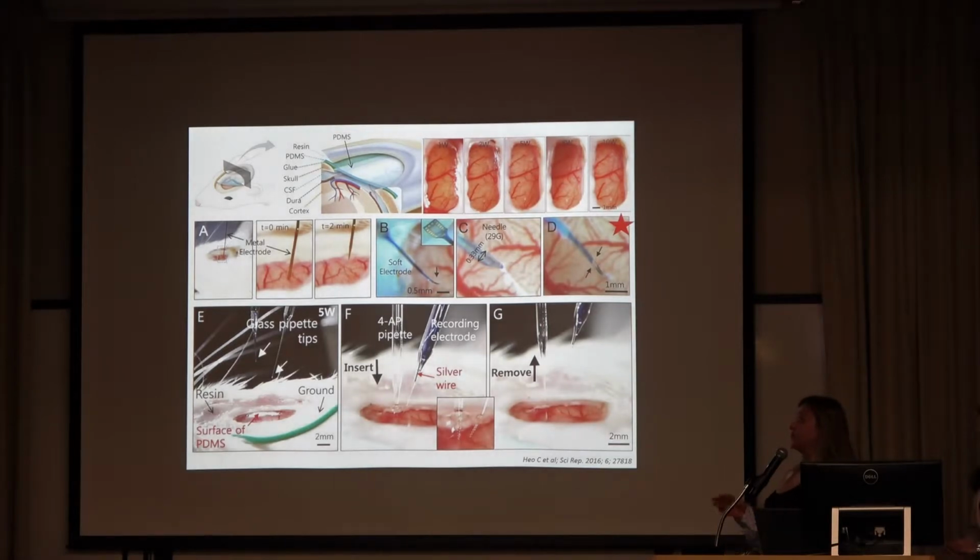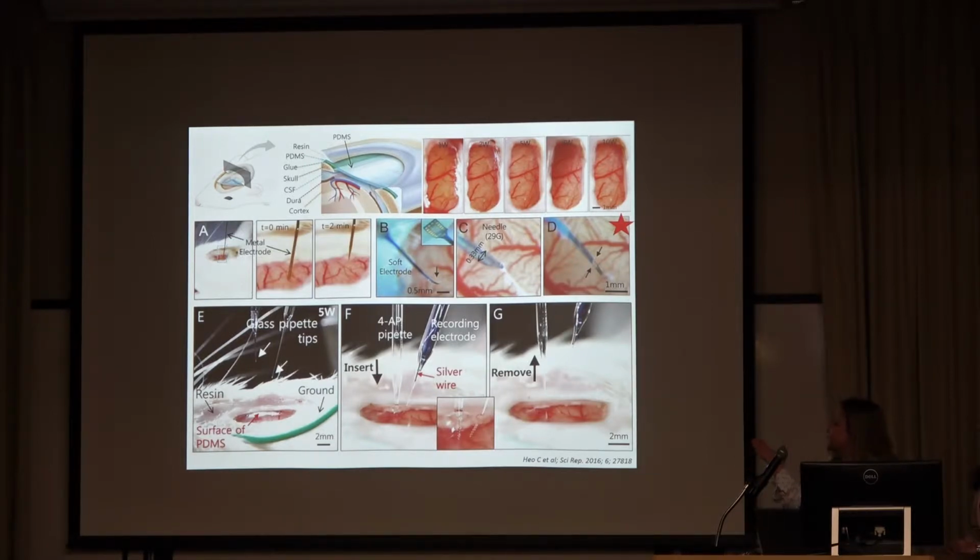I would like to mention a couple of recent studies that prepared chronic animals, and mention my concerns about them. Here is one of them, a flexible window which is only covered with PDMS.